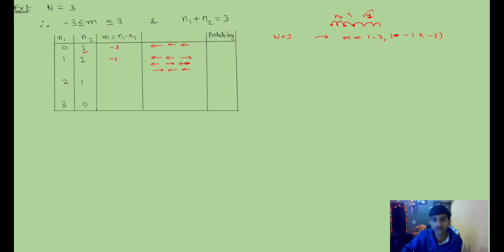Now, let's suppose he is moving two steps toward right and one step toward left. So again, the net displacement will be 1, and the number of configurations will be like this. Again, there will be three possible ways in which he can move.